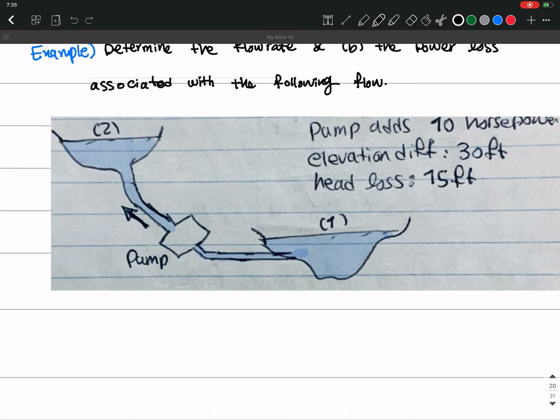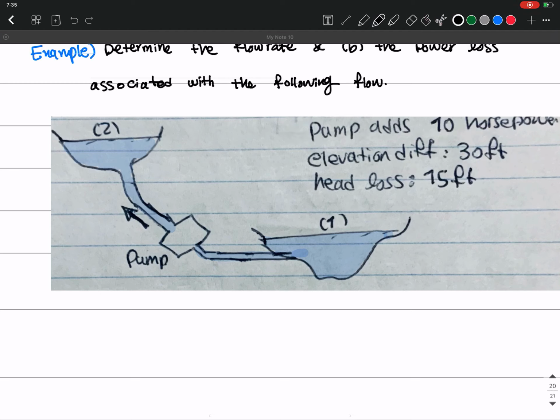So 15 foot of energy is wasted through friction in the pipes, and also the pump and air and the whole system. Okay, so this is our energy loss, and then we have this elevation difference that we have to overcome, and the power adds 10 horsepower to carry this water up.